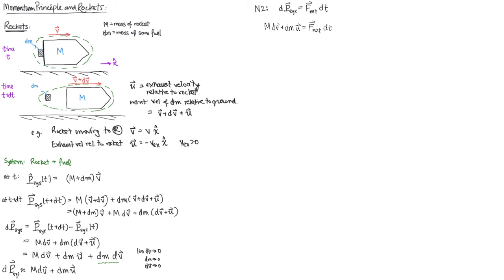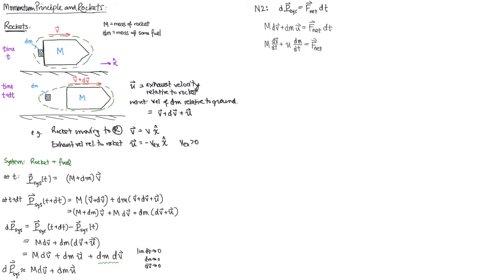And we can divide through by dt, so we have m dv/dt plus u dm/dt is equal to the net force. And remember, this net force is an external force on the system. It's not the force of the rocket pushing. If there's an external force on the system, then we have this equation of motion.